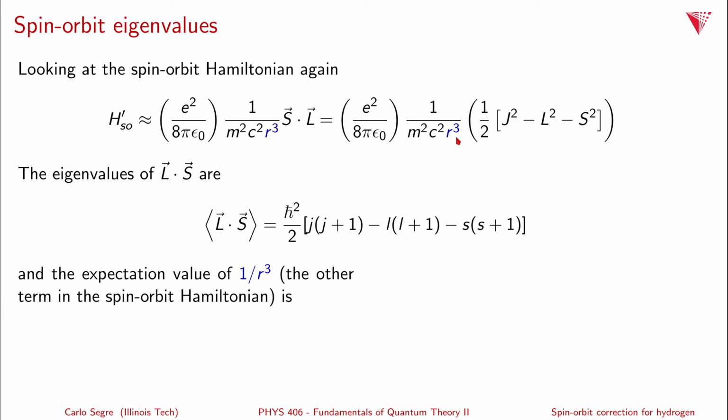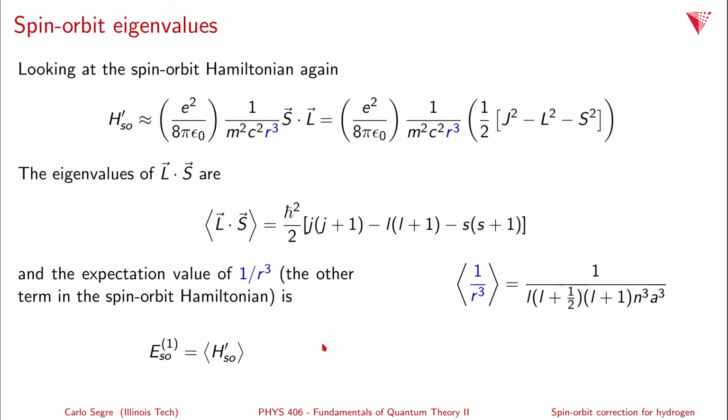But you still also get the expectation value of 1 over r cubed. And we can calculate that. Similarly to the 1 over r and 1 over r squared that we got for the relativistic Hamiltonian, we have something that looks like this: 1 over L times L plus 1/2 times L plus 1, n cubed, a cubed.